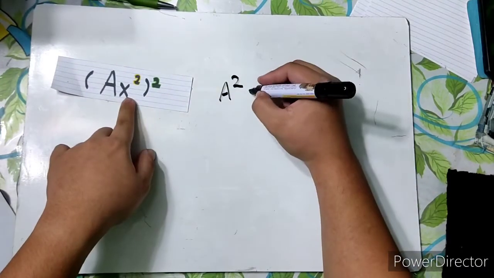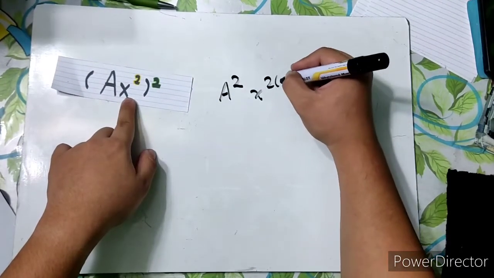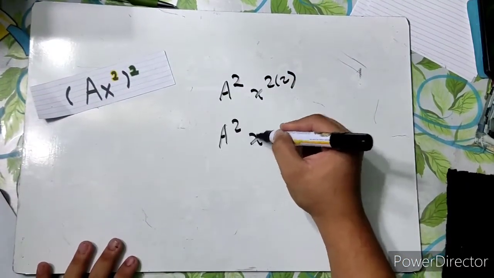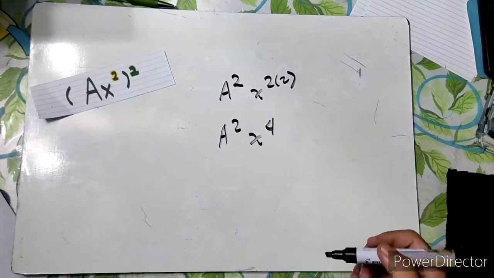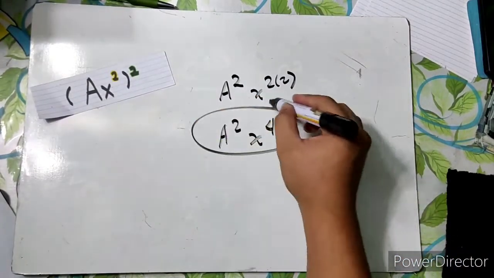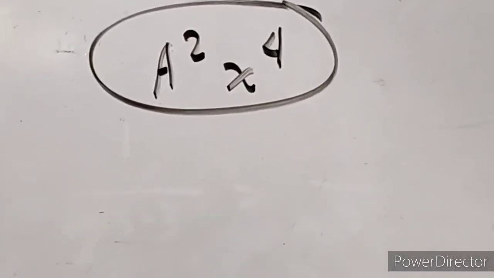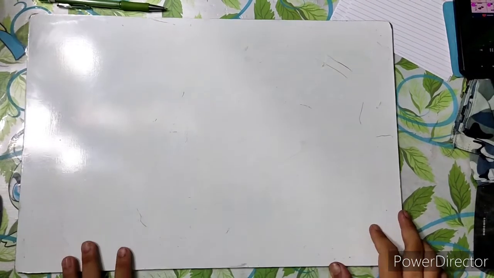So this will become x raised to 2 times 2. And the answer will be a squared times x raised to 4. So that's it. Having those basic knowledge makes us now ready to solve polynomials with more terms. Are you ready?